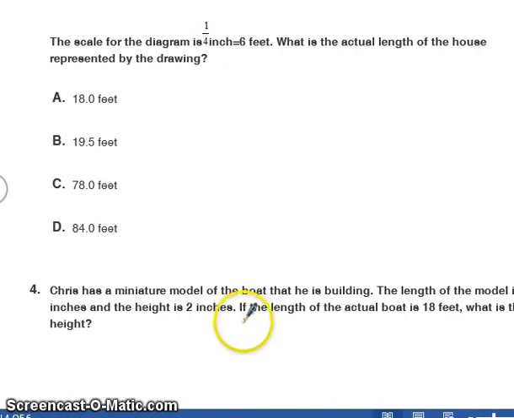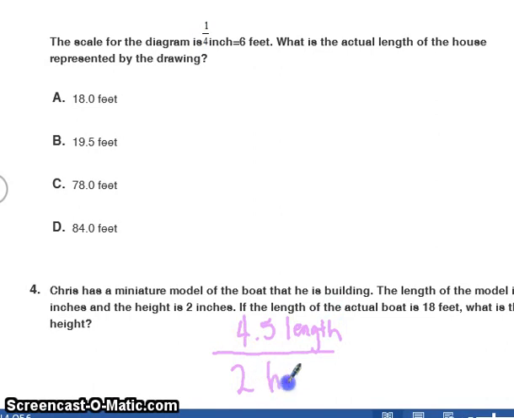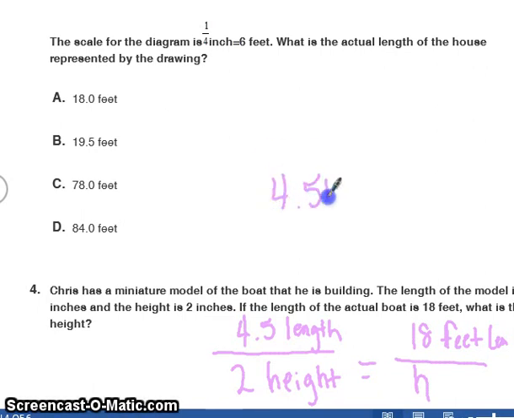So we got length is 4.5, and this is the model, and the height is 2 in the height. If the length is 18 feet is the length, what is the height? And it'll be in feet. So 4.5 times h is 4.5h.